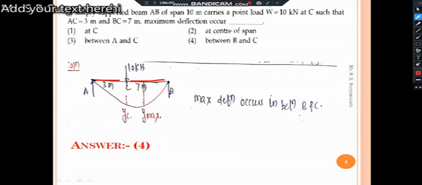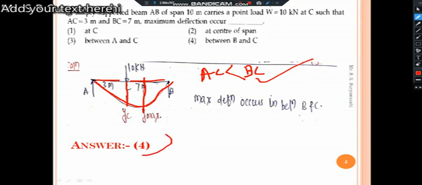If we draw the deflected shape of this simply supported beam for the given loading diagram, this yC is the deflection under the point load, and this is the deflected shape of the beam, where we can easily see that maximum deflection will be in the BC portion. This is the y max. As AC length is less than BC for a given point load, maximum deflection will occur in between the longer length, that is between B and C. So option 4 is the correct answer, and this was asked in a recent examination.